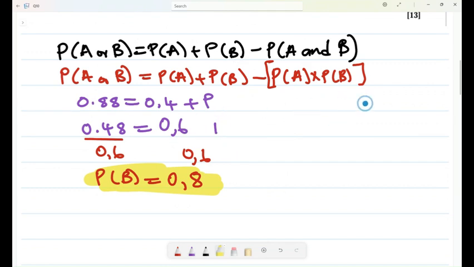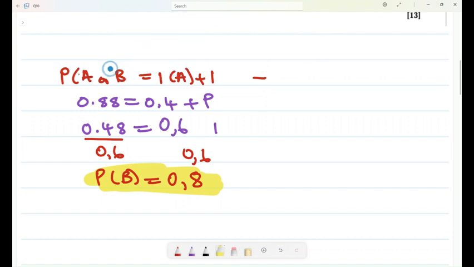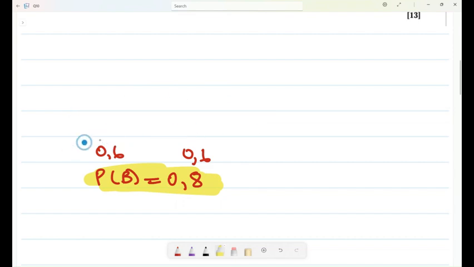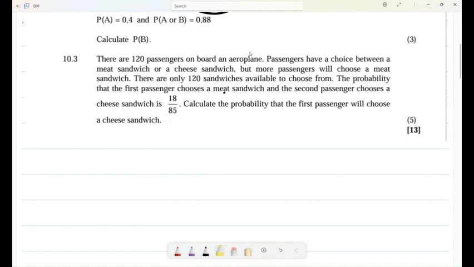I'm going to remove this so that you can move on to the next question. Now, the next question is a tree diagram. Many students also struggle with tree diagrams, and I understand. I was once in your schooling. I did not understand anything about tree diagrams, but let's try to make this understandable.